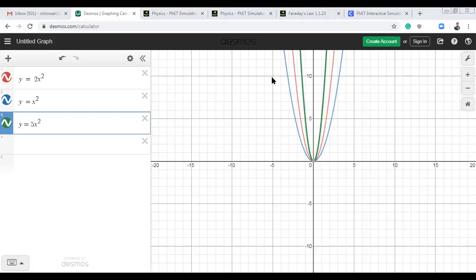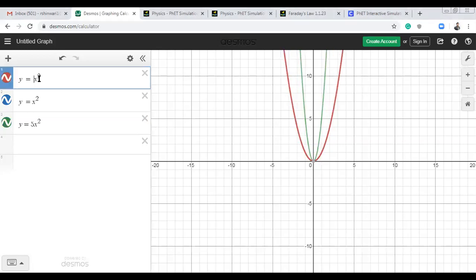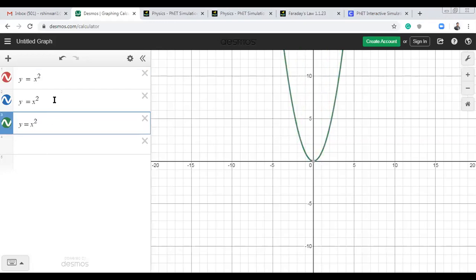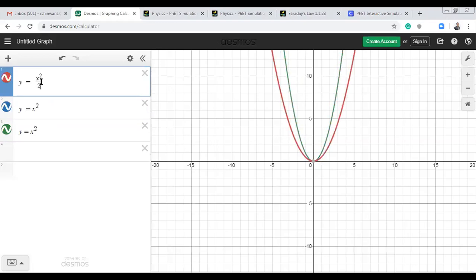When you divide a function by a number, what will happen? Let's see division. The original function is y is equal to x square, the blue line. When you divide this function by a number, let's suppose 2, what happens to the graph? It's expanding, correct?